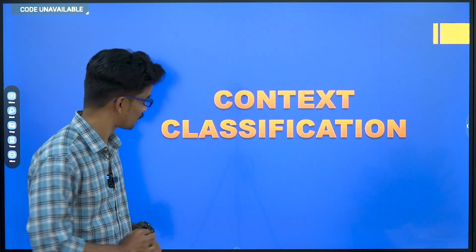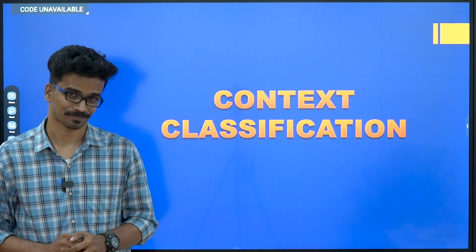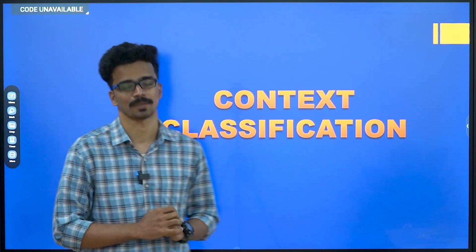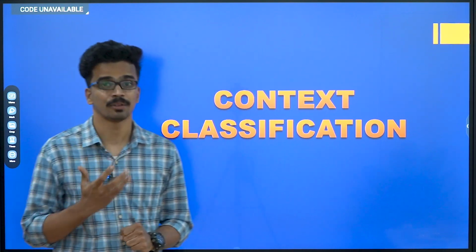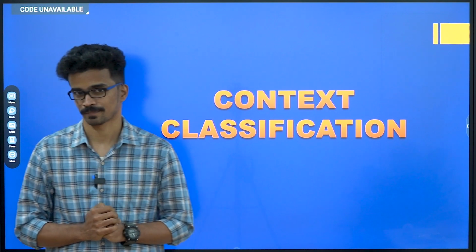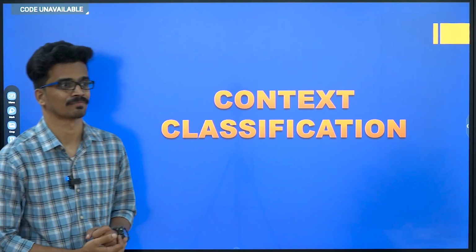All these things we will talk about in the context of communication. There are different types of contexts in communication where we modify our message based on the place or the situation in which we undertake this communication process, which we will talk about in context classification.